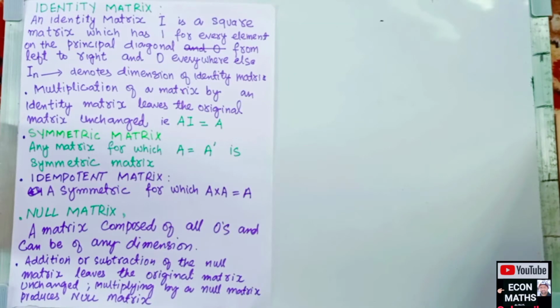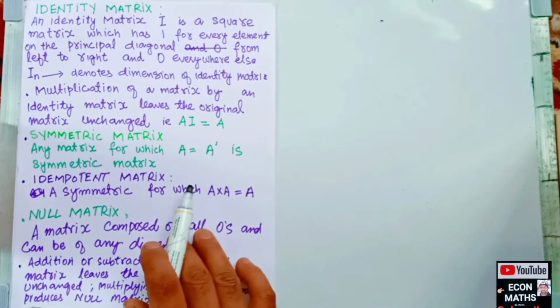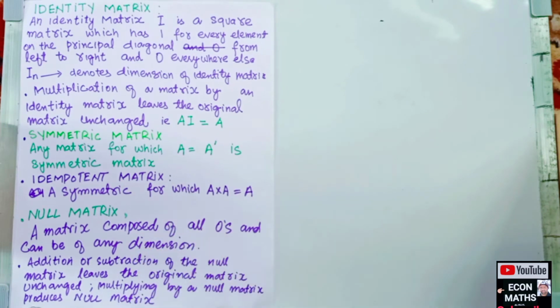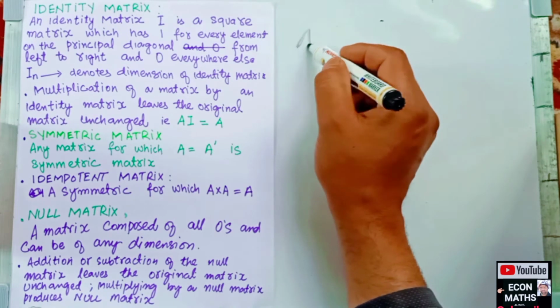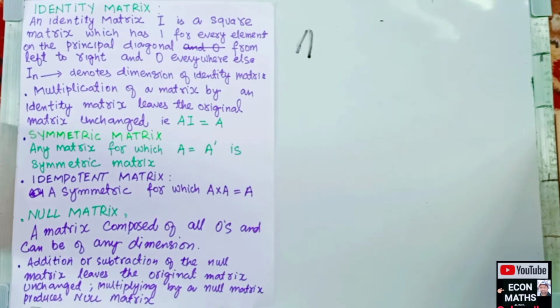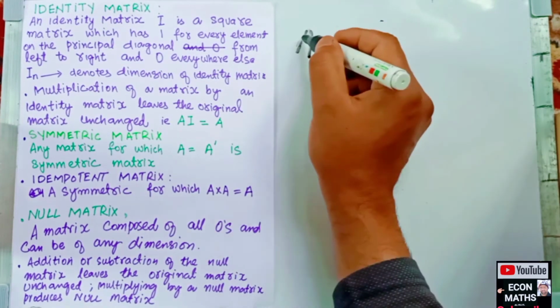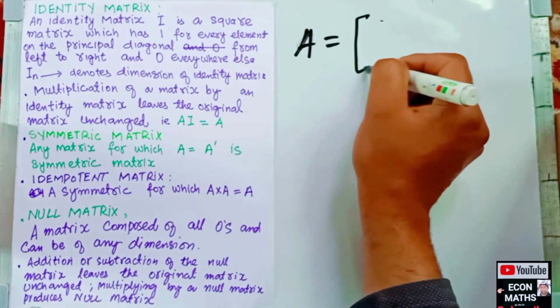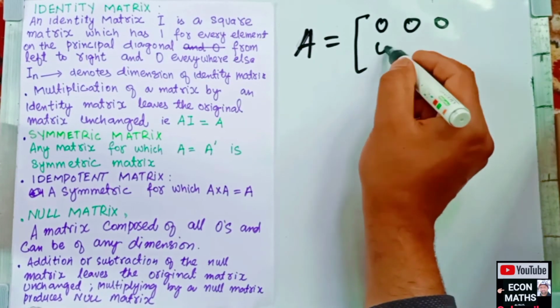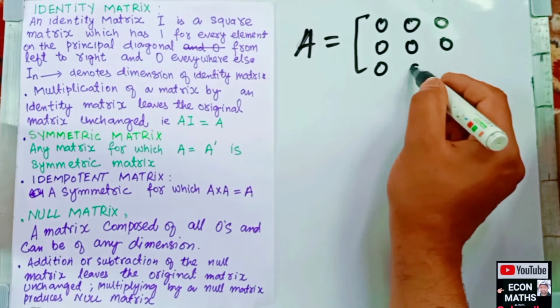Now we have the null matrix. It is a matrix composed of all zeros and can be of any dimension. Any matrix where the elements are only 0 is called a null matrix. That is, let us say A is equal to 0 0 0 0 0 0 0 0.